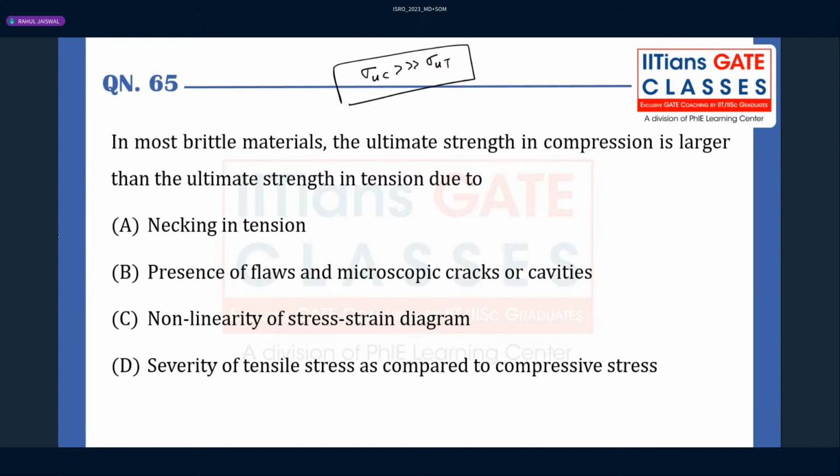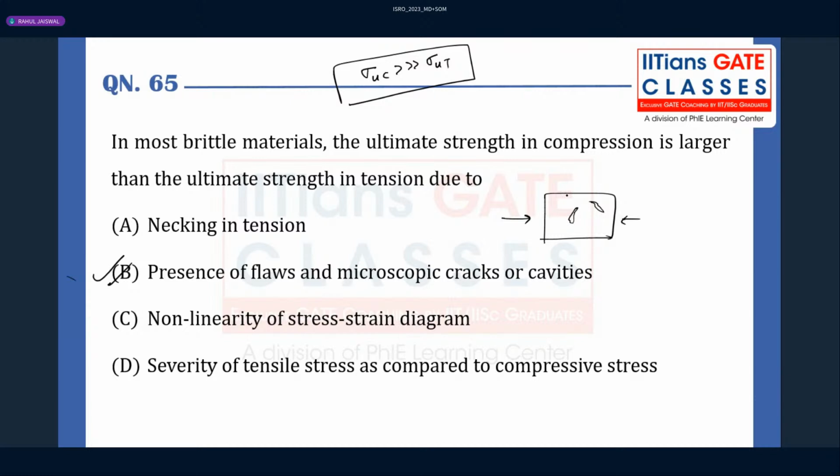Why? Because of the presence of flaws and cracks. Generally, any material is not defect free. It definitely has some defects, some cracks. When you keep applying tensile load, these cracks will propagate and widen during the functional life. But when you apply compressive load, these cracks and flaws will try to fill.